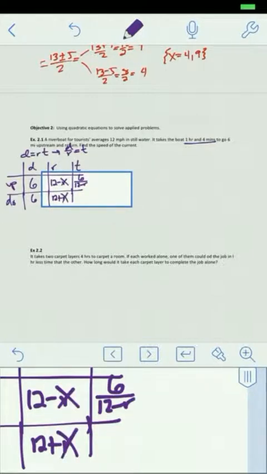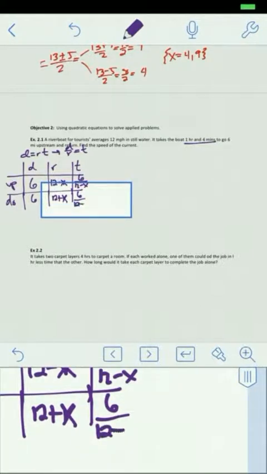Let's make these x's so we don't get confused with rate. So 6 over 12 minus x going upstream, and the same thing going downstream, 6 over 12 plus x, which would be their rate going downstream, right?